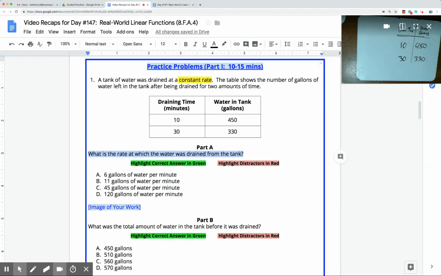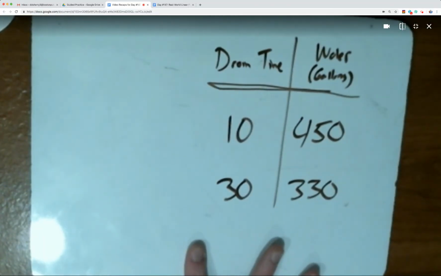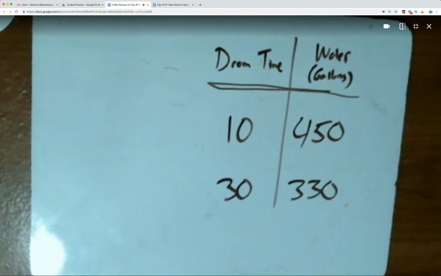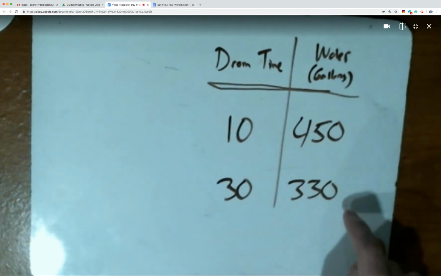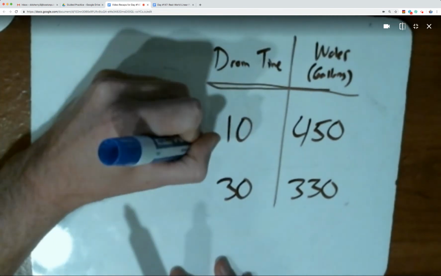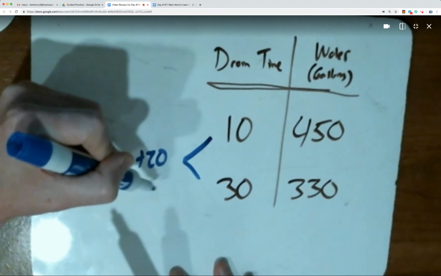We're going to take a look at the whiteboard. We want to know the rate. This is really asking about slope or the rate of change. So if I have these 2 data points, I can measure how much the water changes by each minute, or in this case, after 20 minutes. So from 10 minutes to 30 minutes, we added 20 minutes of time.